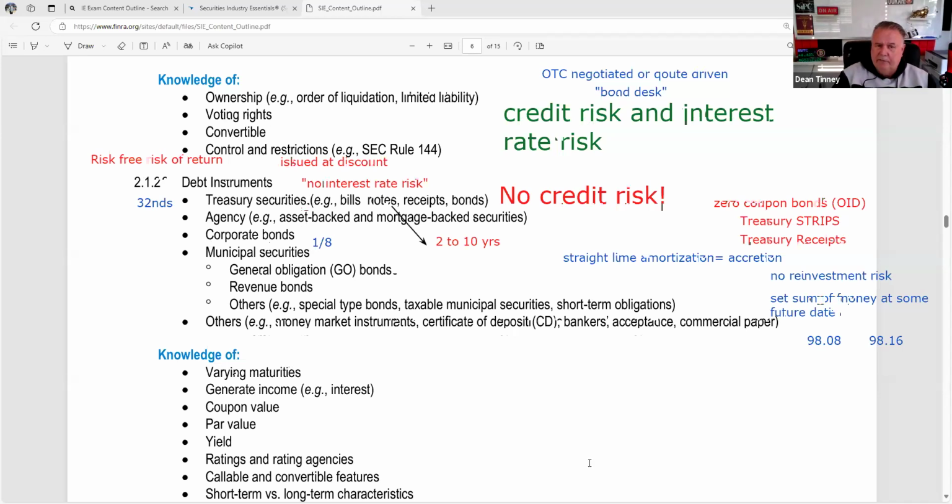All right, so we've got treasury securities. We have agency securities. There's a guaranteed test question. There are lots of government agencies. There's Fannie Mae, there's Freddie Mac, there's Ginnie Mae. And the idea here is that if I'm a bank and I'm originating mortgages, at some point I'm going to run out of money.